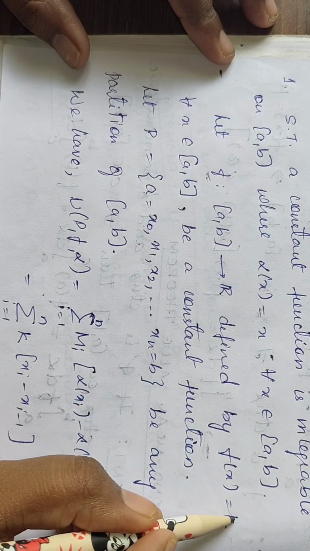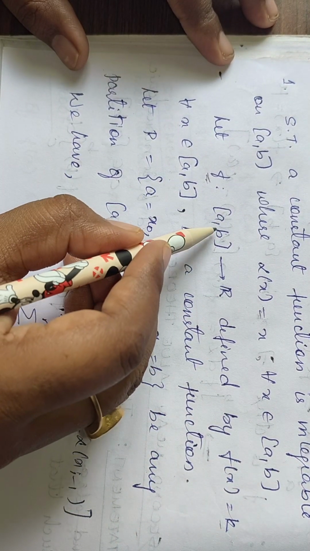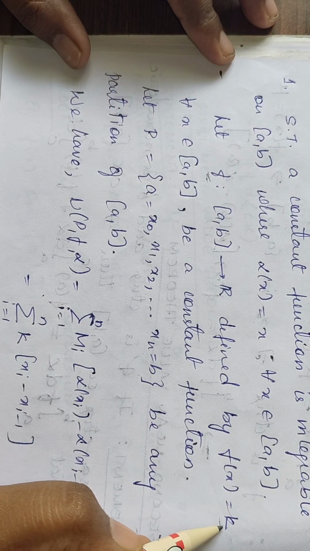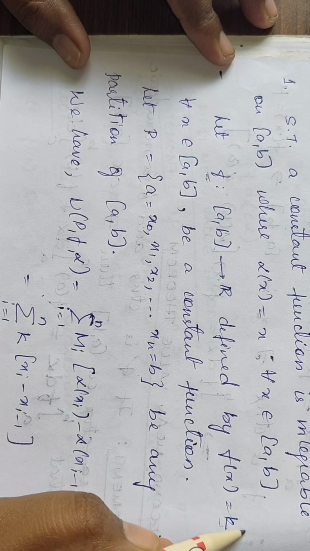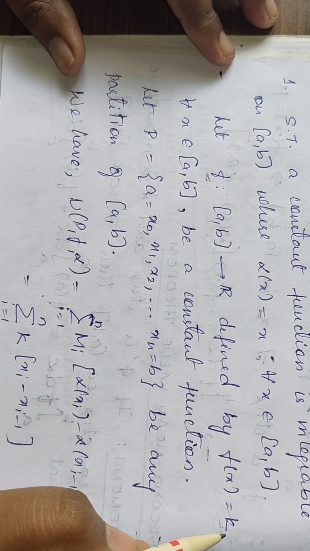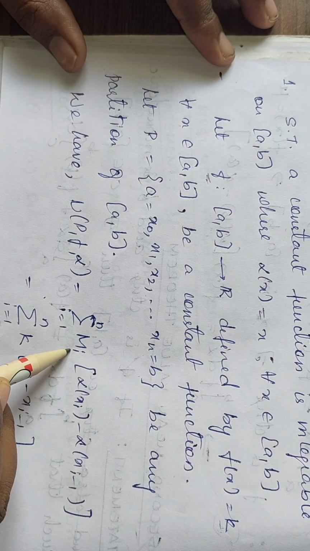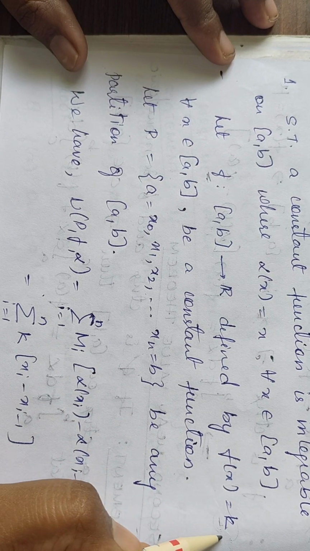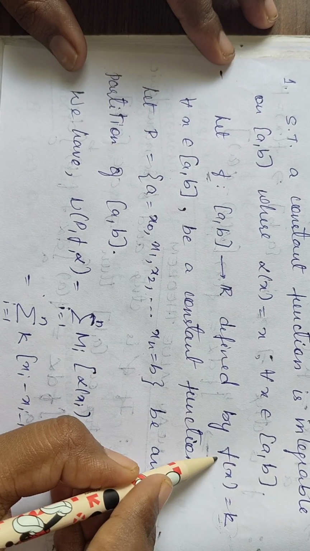According to constant function, each and every element in the domain maps to this k. So here the range consists of only one element, that is k. So whether you take small mi or capital Mi, it is k only. Why? Because this is the only element which exists in the range of f.